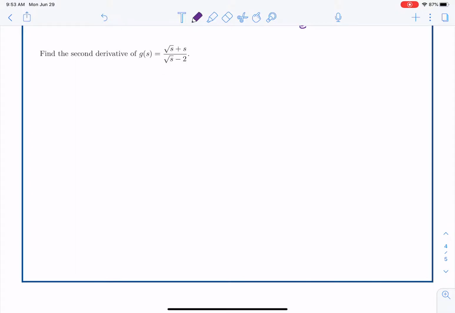So this one is going to get lengthy because we have to find the second derivative. Notice the independent variable is s, the dependent variable is g. I'm going to call the numerator u and the denominator v. So let's find the first derivative on the left-hand side.